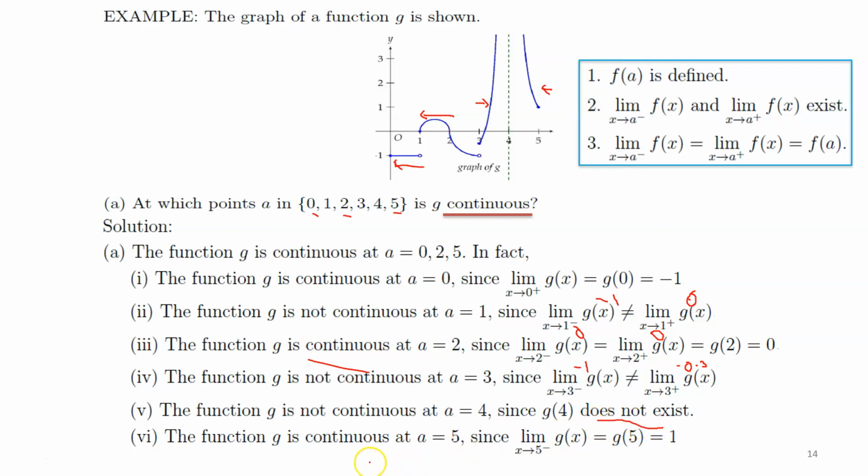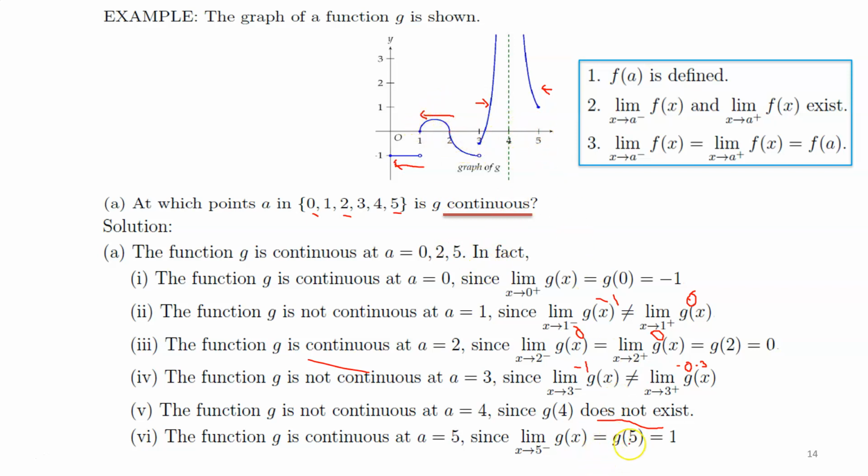And for g, bila x at a equal to 5, let's check when it's from the left. Daripada yang datang dari sebelah kiri, you get this one.